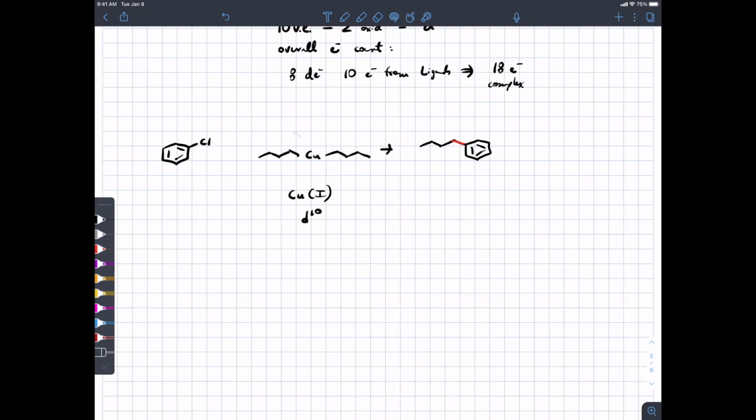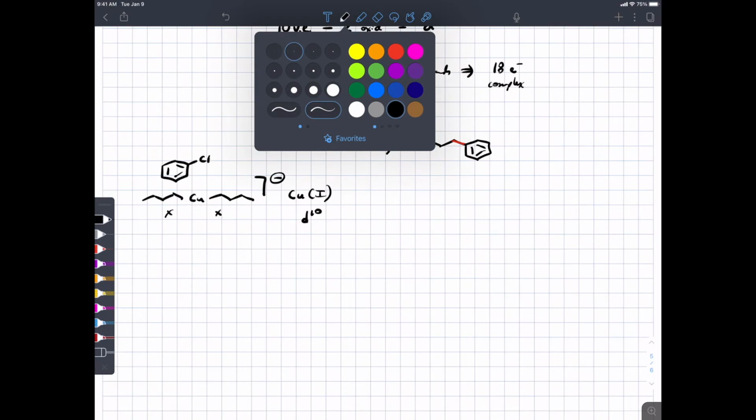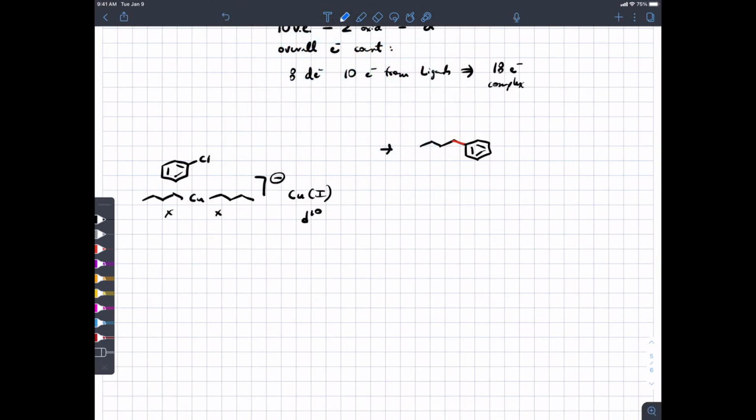And I'm going to put the negative charge just on the complex overall. And we're going to note that these are two X-type ligands. Now, I told you before, we generally don't draw lone pairs on the metal. But we can draw them when we need them to do chemistry.